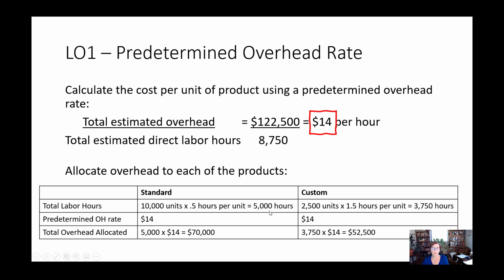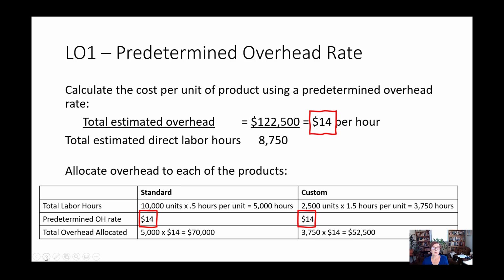So we're using a total of 5,000 hours times our $14 per direct labor hour, and that gives us a total of $70,000 overhead allocated to all of the standard products. Then for custom, we have 2,500 units of finished product times an hour and a half per unit gives us 3,750 hours. Again, multiplied by the 14, and we get 52,500.